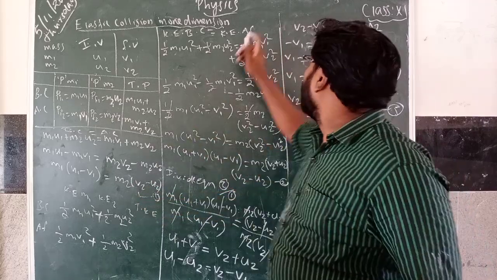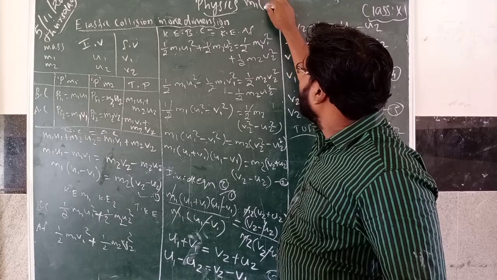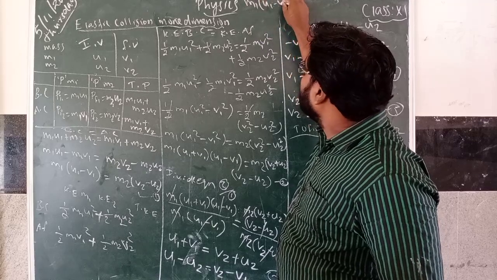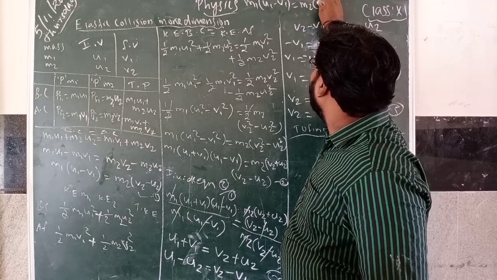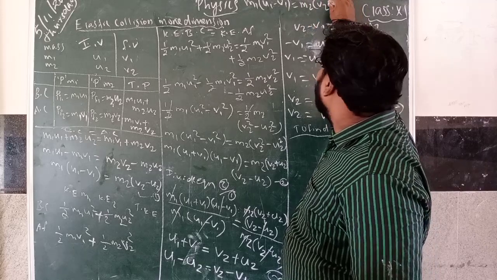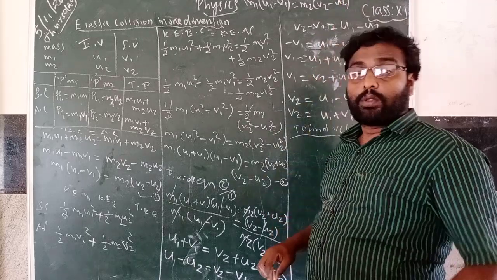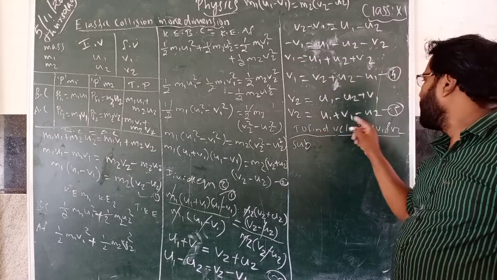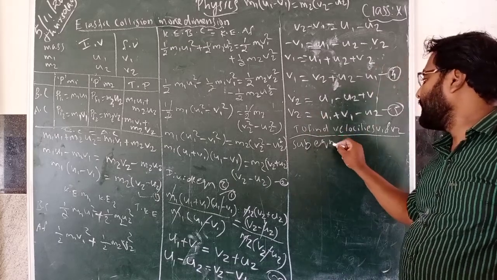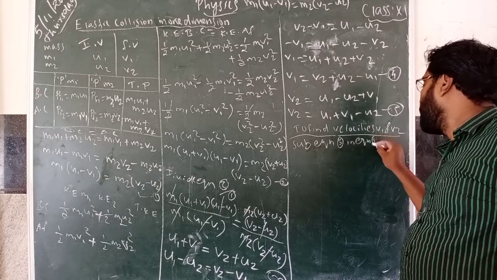Equation 1: m1 into u1 minus v1 equal to m2 into v2 minus u2. So substitute equation 5 in equation 1.